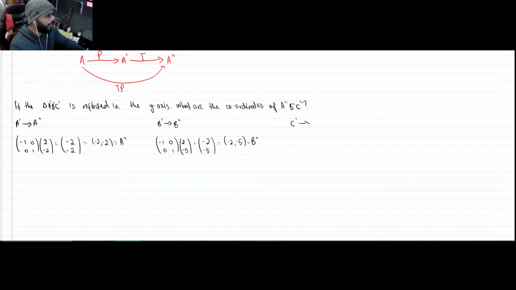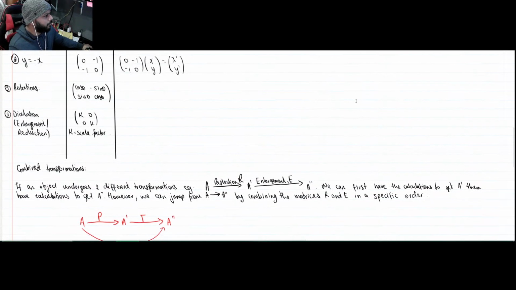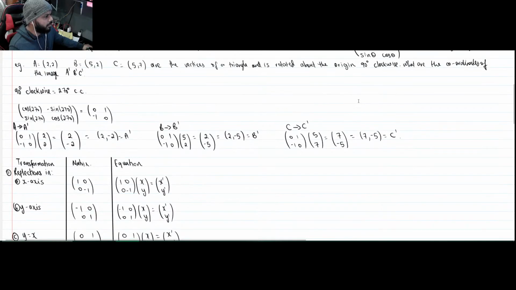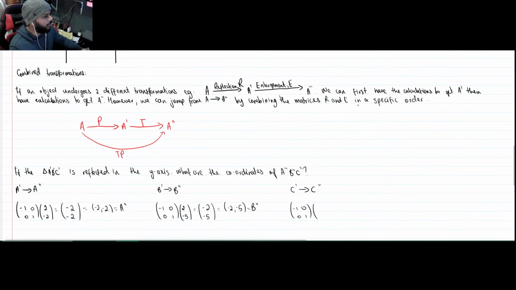And from C prime to C double prime, I have -1, 0, 0, 1 multiplied by the coordinates of C prime. C prime I think was 7, -5. -1 by 7, 0 by -5, 0 by 7, 1 by -5. And this is C double prime.